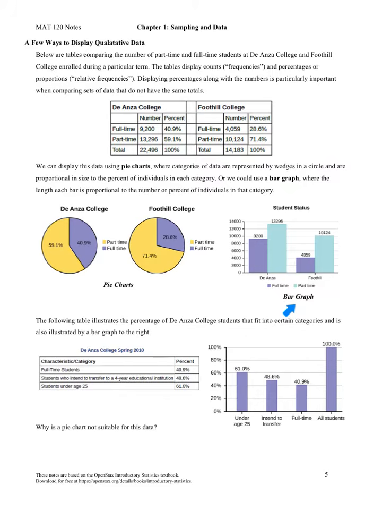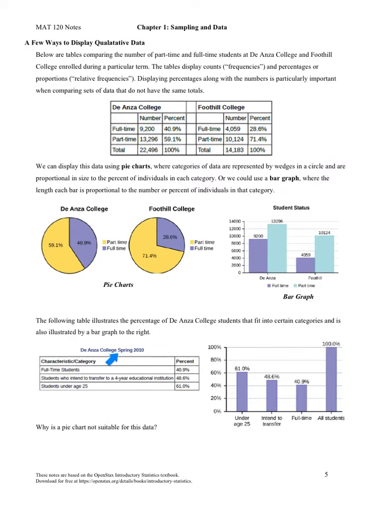In the double bar graph, notice the full-time students are the purple color, the part-time students are the light blue color. And instead of using percentages, this double bar graph uses the actual number of students in each category along the y-axis.